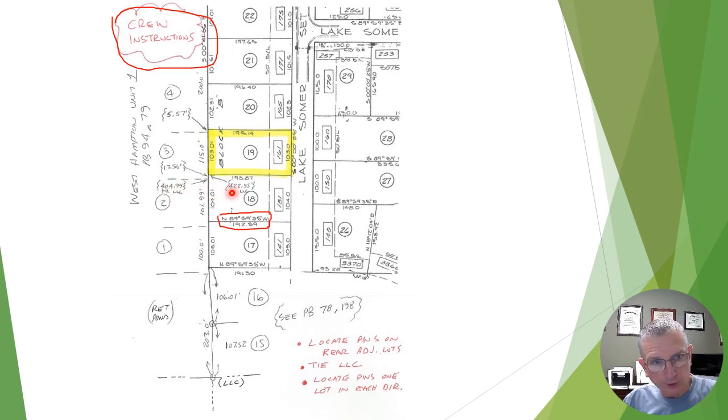Over here we're 422.15. So we're going to tell the crew that they need to come down here and look 17.56 feet below us, south of our southwest corner, for this lot 3 corner, because we want to make sure that lot 3's boundary and our lot 19's boundary are lining up and that there's not a gore or an overlap. Lot 3's dimension is 115 feet on the back.